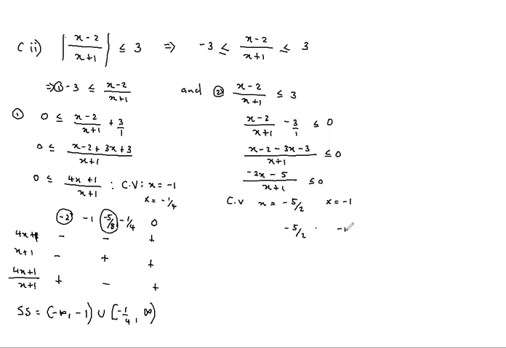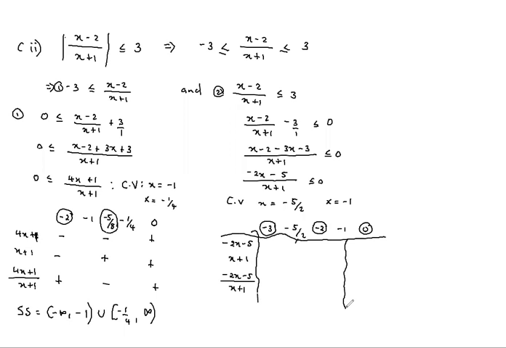The number in between is negative 2, and then you have 0, you have negative 3. And then you have negative 2x minus 5 over x plus 1.